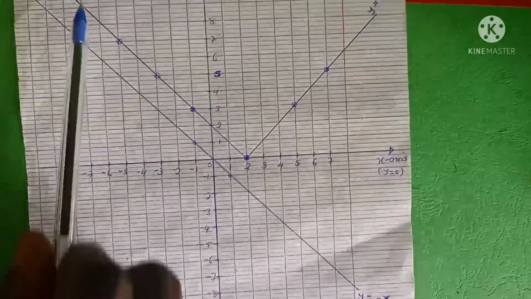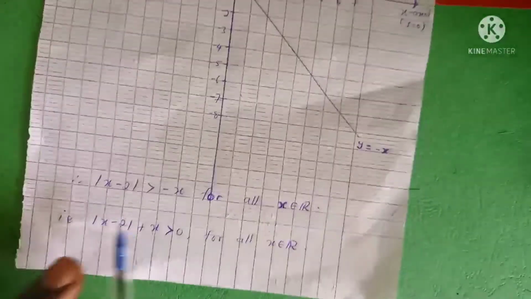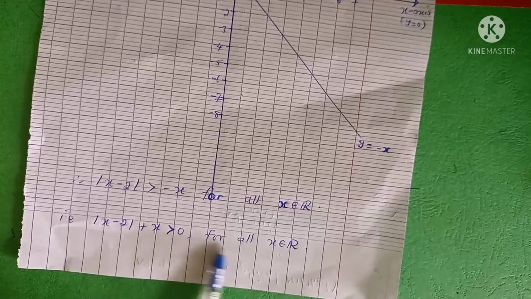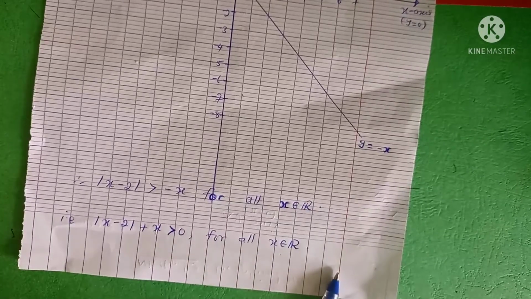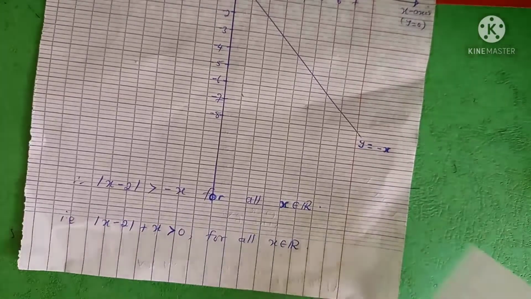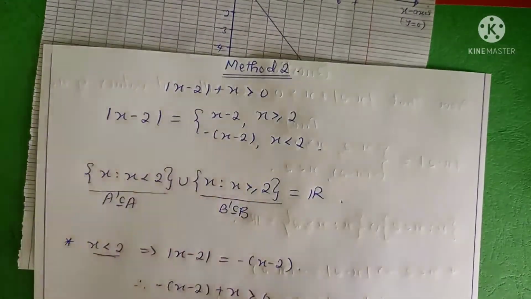And therefore, the solution set is the set of all real numbers. Good. So we are saying that the absolute value of x minus 2 plus x is always positive for all x in R, for all real values of x. Good. So those are the three methods you can use to show that the absolute value of x minus 2 plus x is always positive.